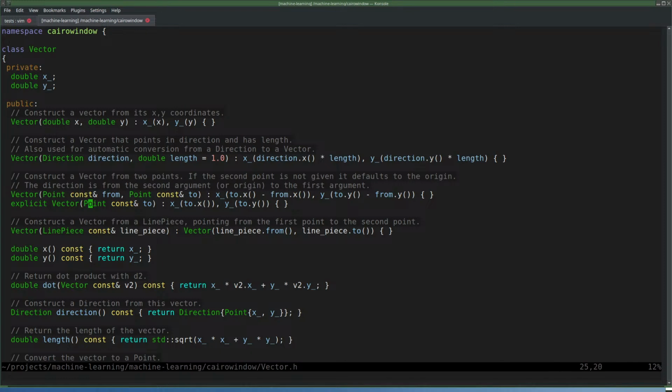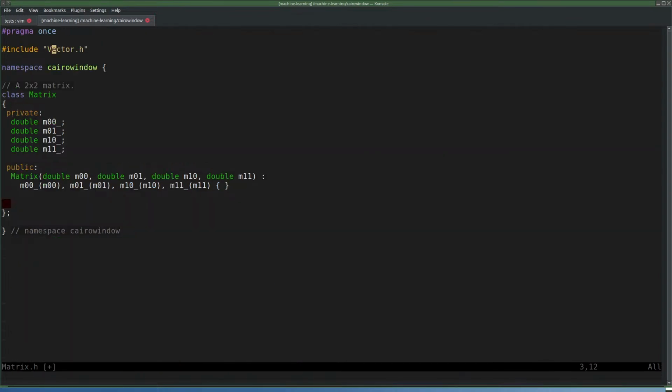So if you have a single point, I could say vector brace open and then my point brace closed. That would be explicitly constructing a vector from the point, and then we can pass that vector to the matrix or whatever the multiplication operator here is, which then of course gives a vector out. And that then would be an operator.